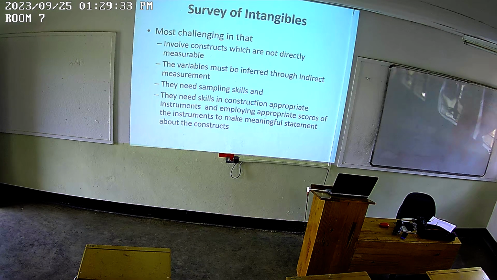We said that when you are measuring something, you need to be sure that what you are measuring, the measurement you are taking, is a valid measure. You are not measuring something which is not supposed to be what you want to measure. And I normally use this example to illustrate.